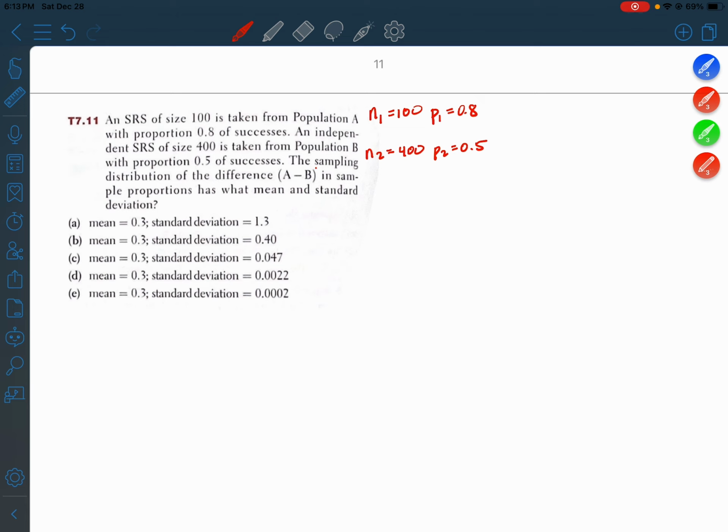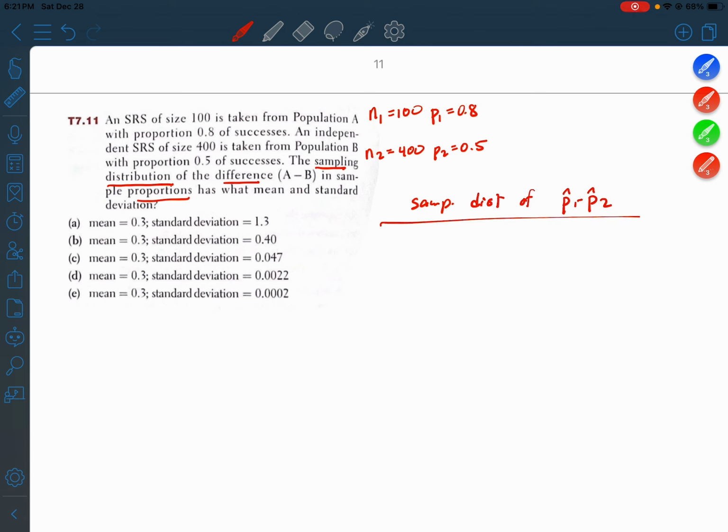All right, so this question is about the sampling distribution of the difference in proportions. So that's the sampling distribution of p hat 1 minus p hat 2.